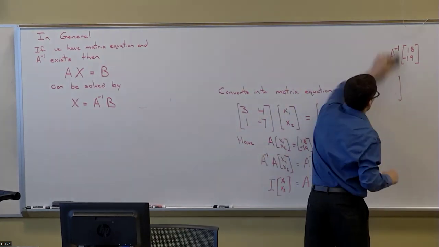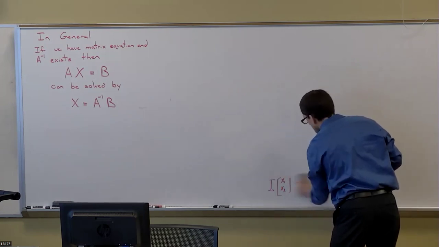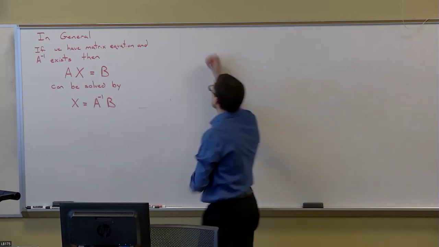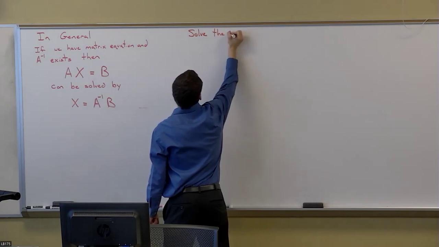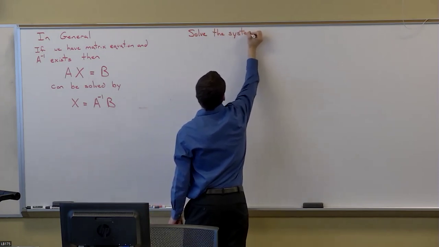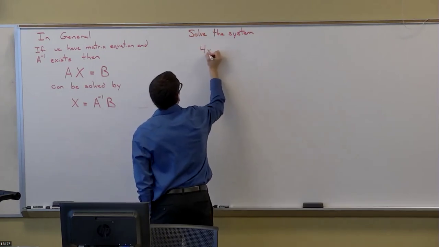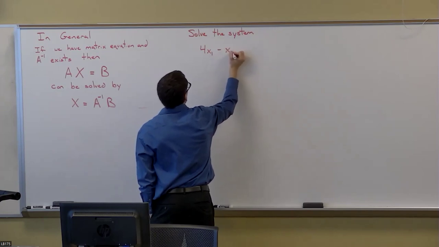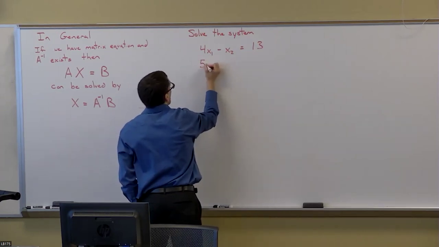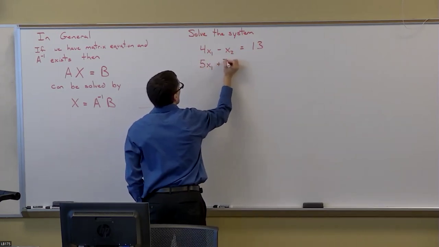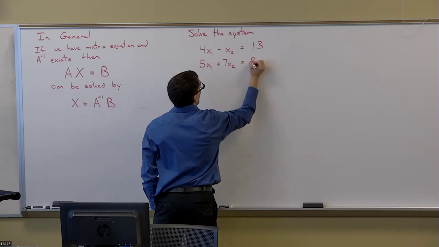So here's what I want you to do. I want you to solve a system of linear equations. Let's take 4x1 minus x2 equals 13, and 5x1 plus 7x2 equals 84.